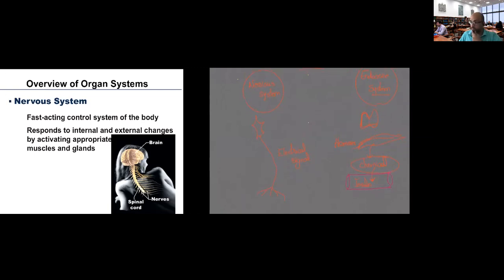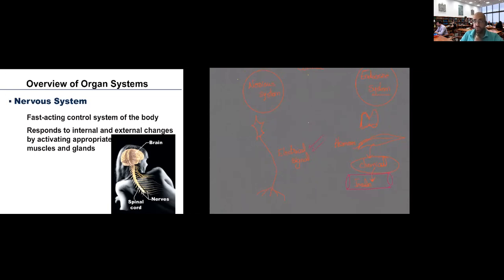So which one is going to be faster to conduct its action? The nervous system or the endocrine system? The one that sends electrical signals, or the ones that will be sending chemical signals that will be released and reach the different organs through the blood? Electrical is much faster.